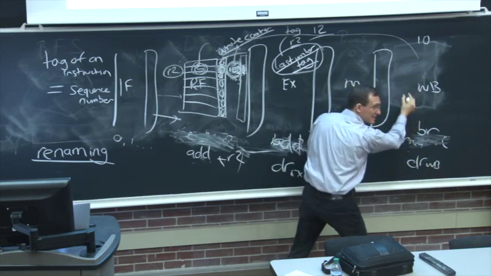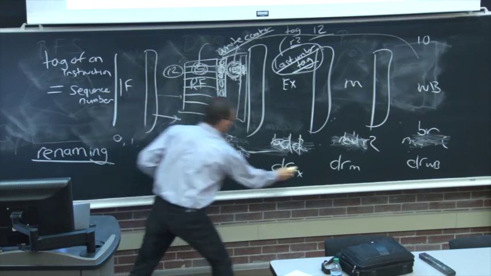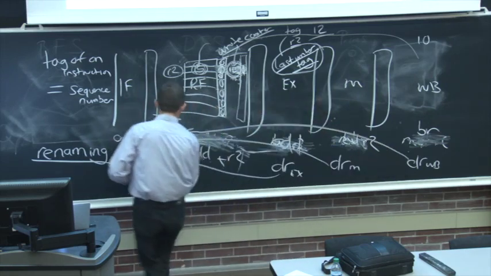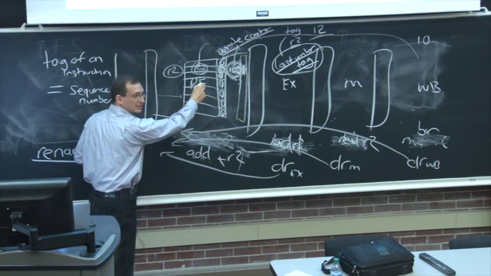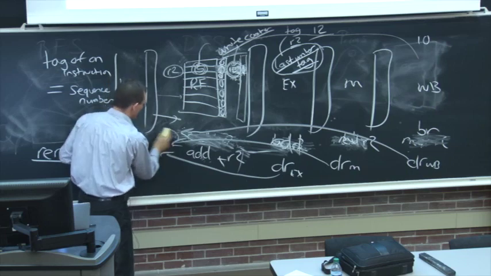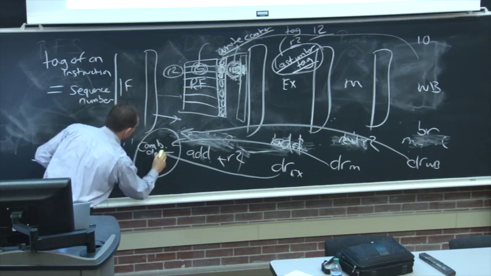You have those IDs, and it compares each of these separately to each of the source registers being sourced by the instruction that's being decoded. So that's another combinational dependency check logic.